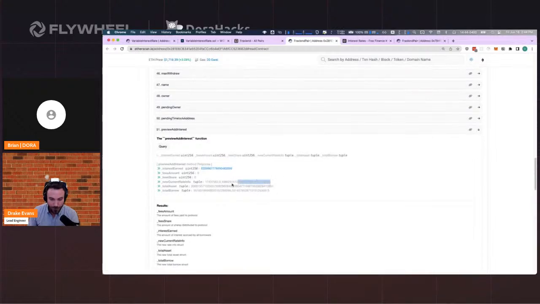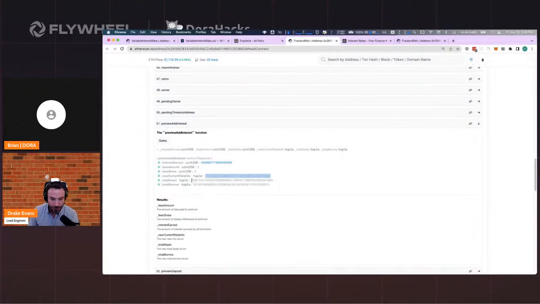This would be the new current rate information. And this is going to be the total asset and the total borrow, what they will look like into the future. Meaning, this gives you all of the accounting into the future, accounting for any interest which would be accrued the next time somebody touches the pair. And you can see here this fees amount and fees share. This represents protocol fees.